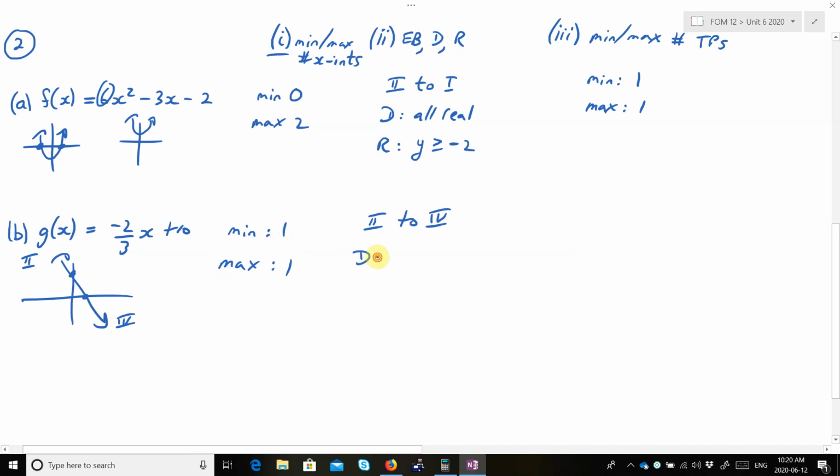The domain is all real, and the range is all real, graph goes up and down forever. The minimum number of turning points is 0, and the maximum number of turning points is 0. Awesome.